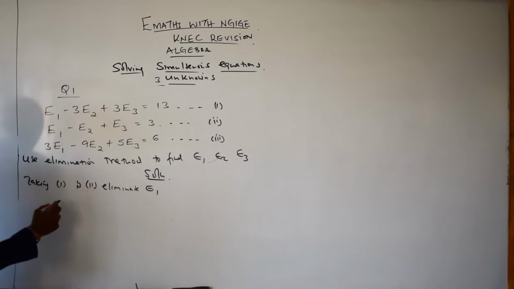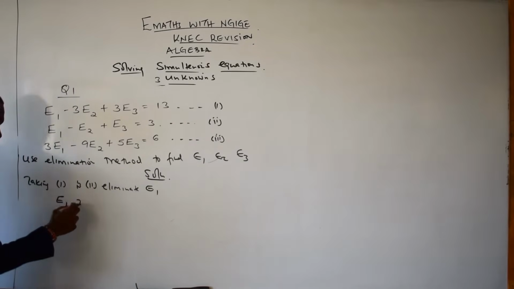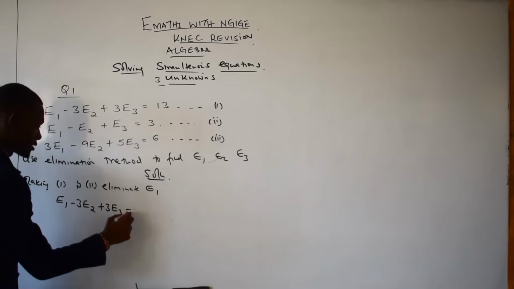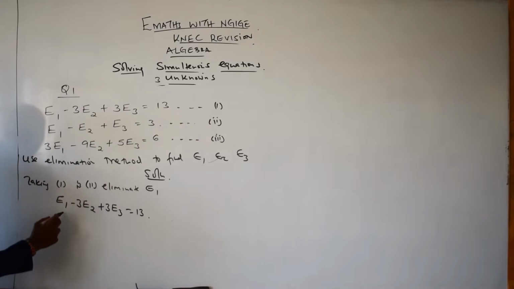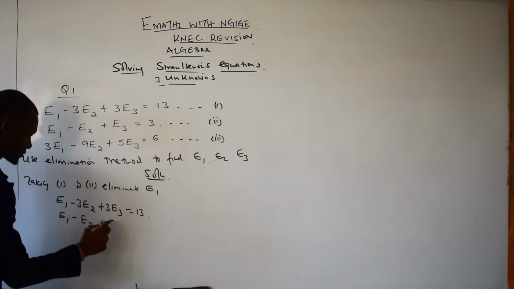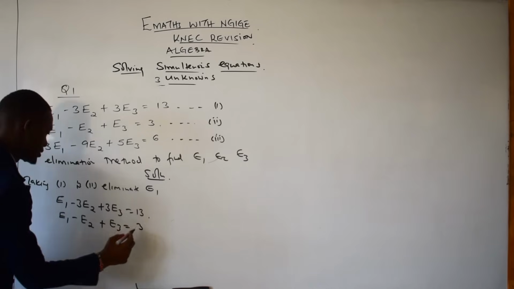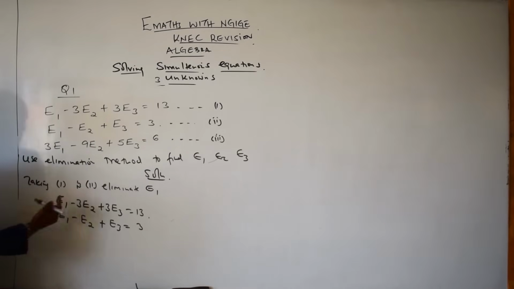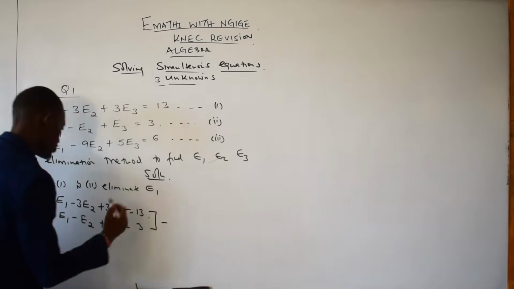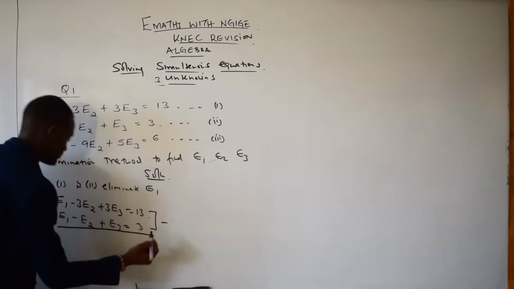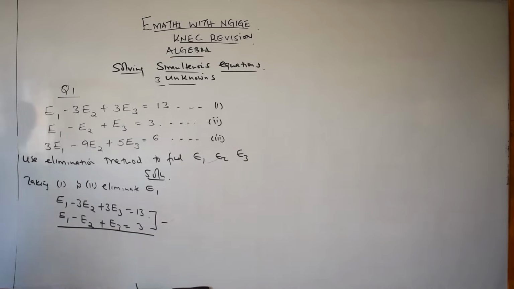So we shall have E1 minus 3E2 plus 3E3 equals 13, and you have E1 minus E2 plus E3 equals 3. And what do we do to eliminate? To eliminate E1, you take E1 minus E1. So you subtract each and every term in those two equations.